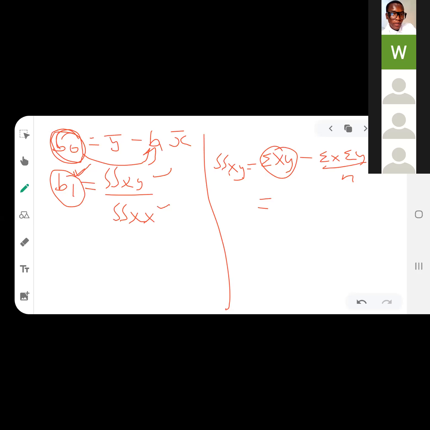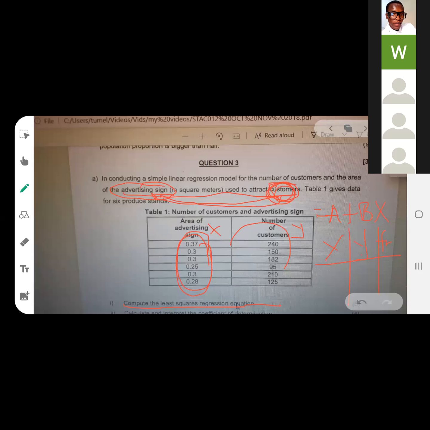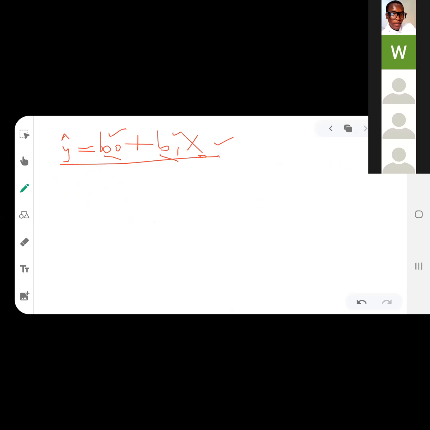Your calculator can give us the equation, but your calculator has y equals a plus bx. This equation is the same as ours, so A on your calculator represents B0, and B on your calculator is B1.